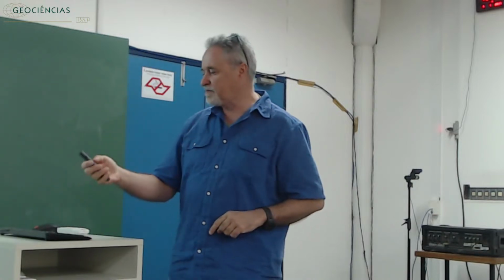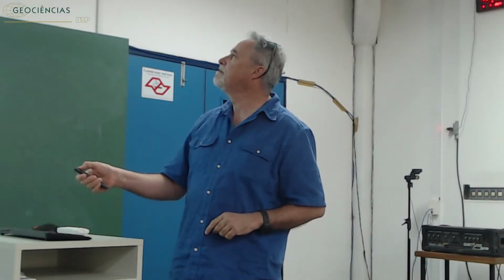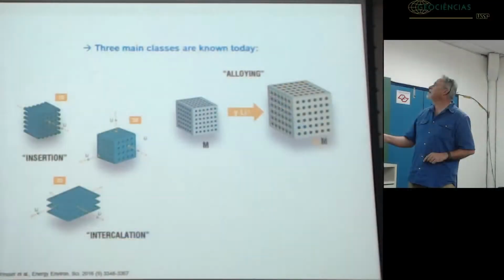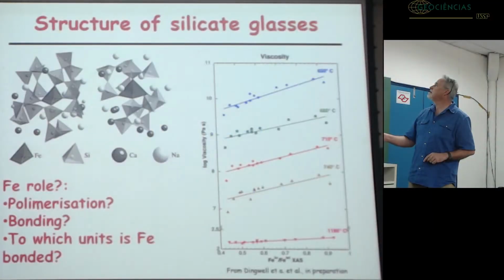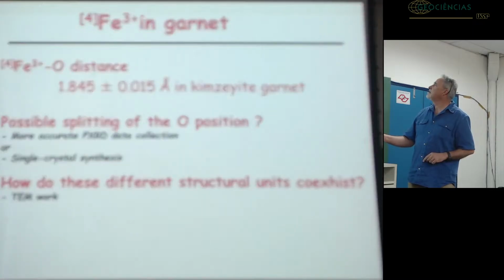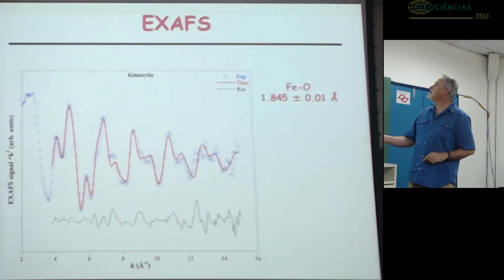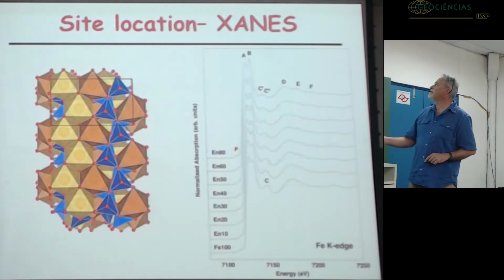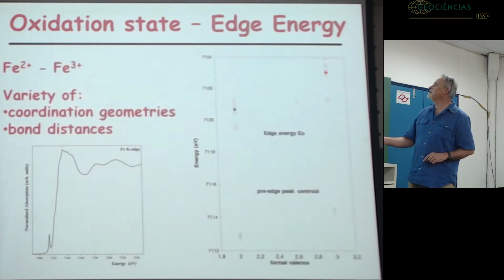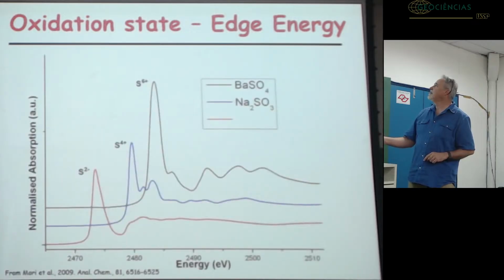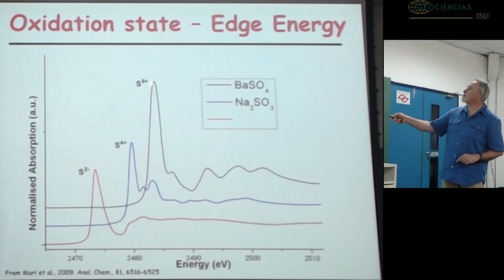Because people don't like to work on small features like the pre-edge peak, and in the early days, there was a slightly more pronounced variation of the position. The L edge spectra of iron are somehow similar to this spectrum.